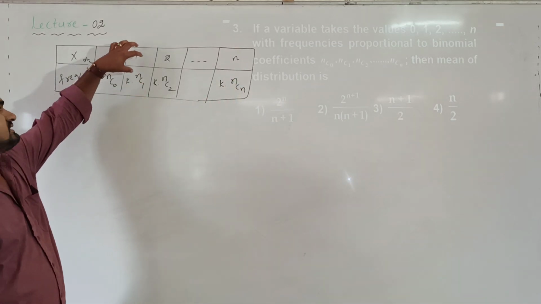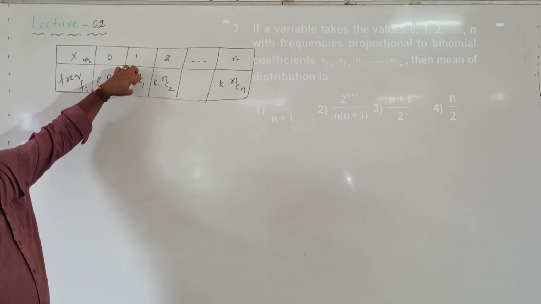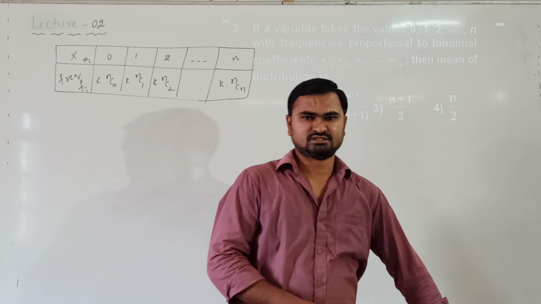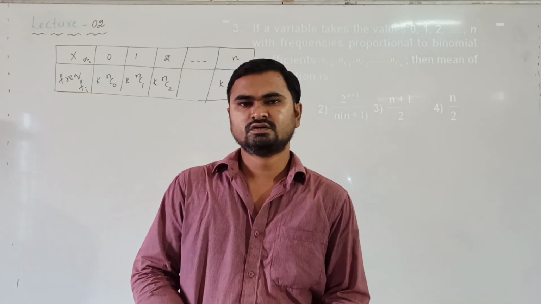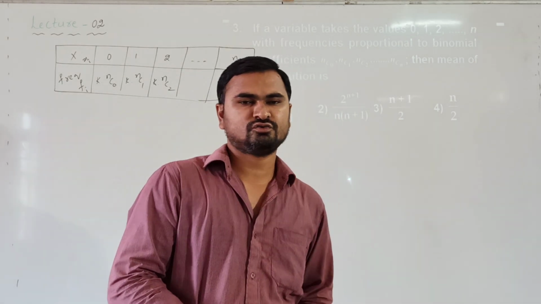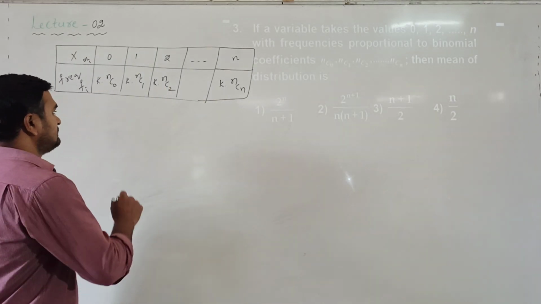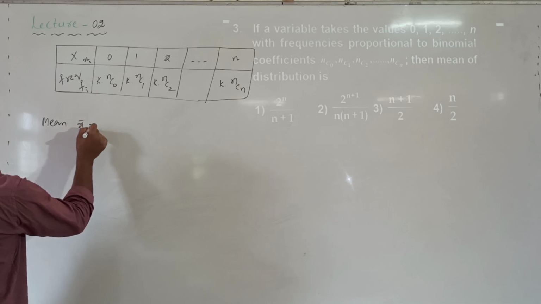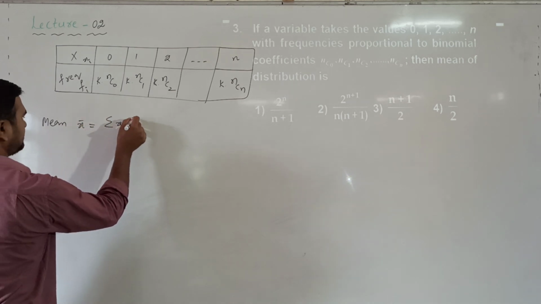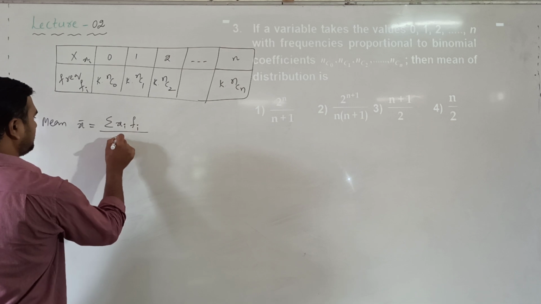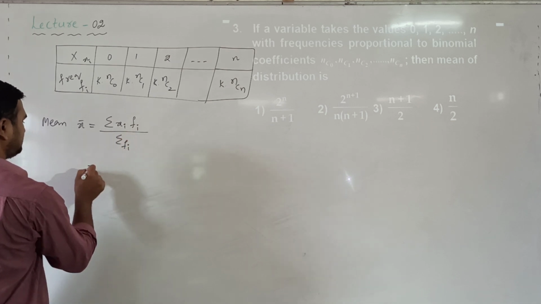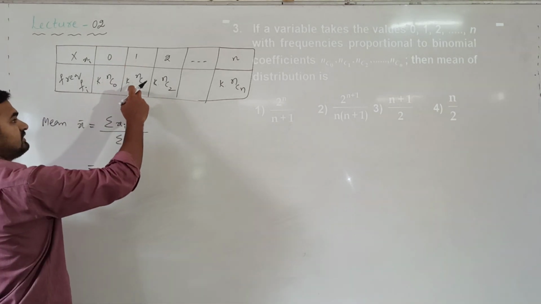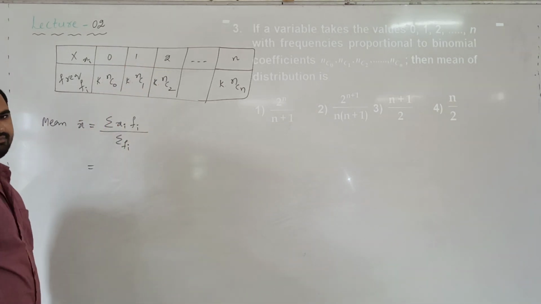Okay. So observations are given, their corresponding frequencies are given. Now we have to find the mean of the distribution. So this is grouped data, and in the case of grouped data, what is the mean formula? It is sigma xi into fi divided by sigma fi. So you have to multiply these observations with their corresponding frequencies and take the summation.